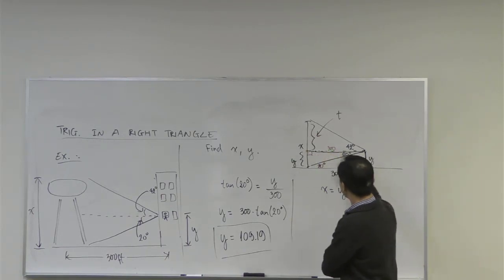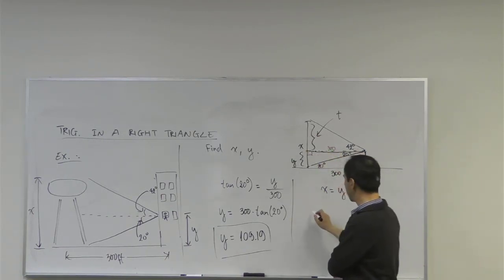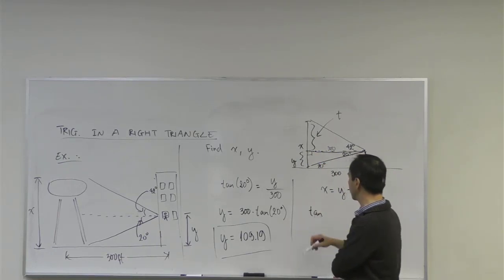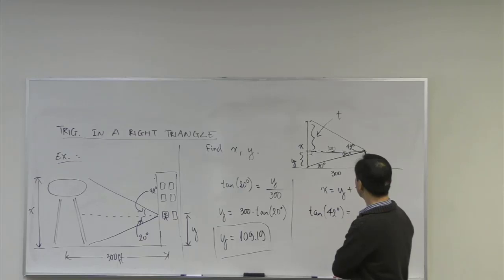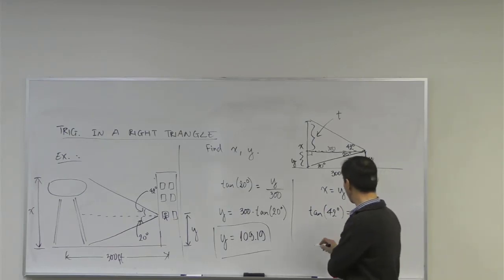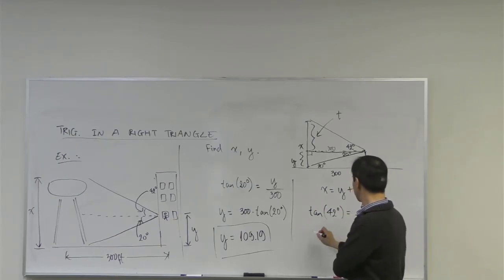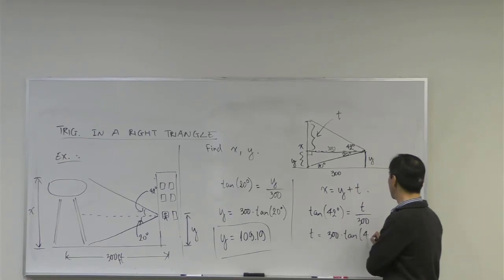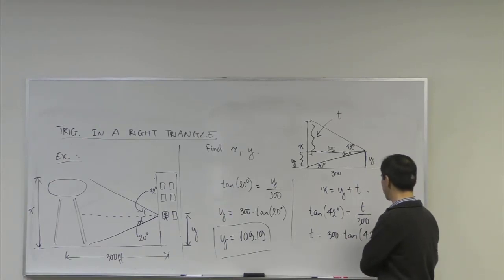We already had the adjacent, and we know the angle. Similarly, tangent of 42 degrees equals the opposite, meaning t, over the adjacent, 300. So t can be calculated by 300 multiplied by tangent of the 42 degree angle.